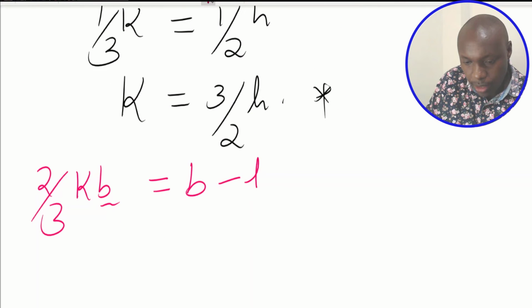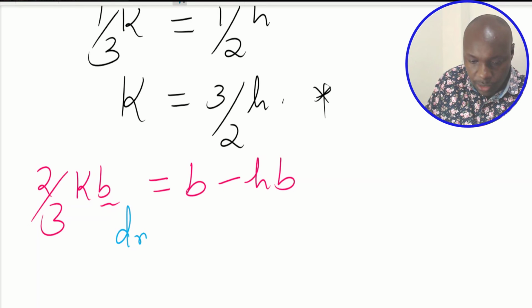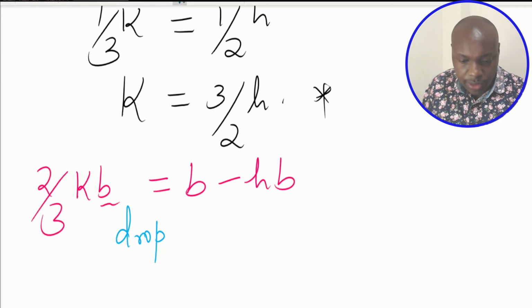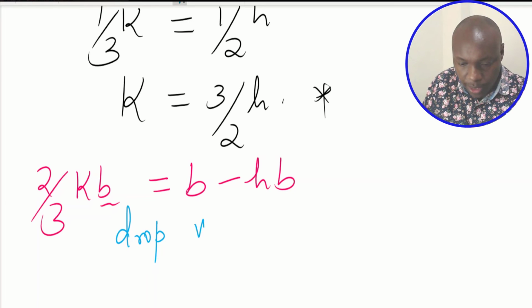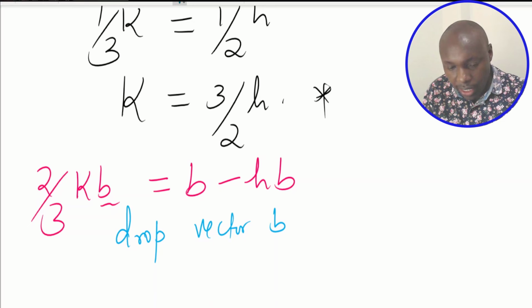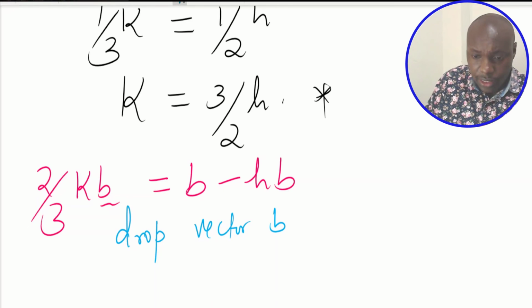Again, you can see that vector B is common in each of these terms. So if I drop vector B in all these three terms, or simply divide each term by vector B, this is what you shall have.